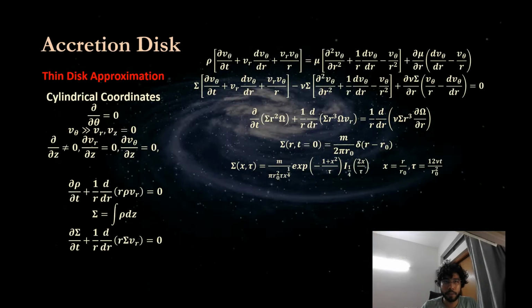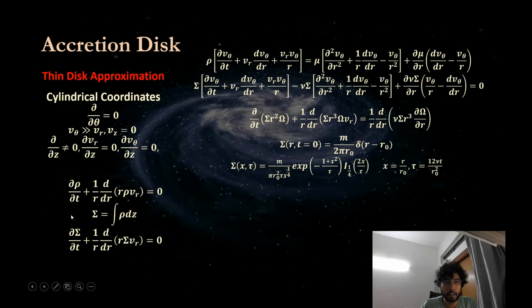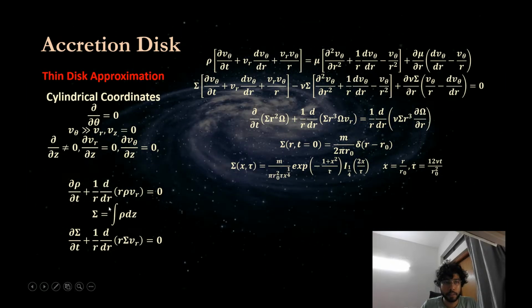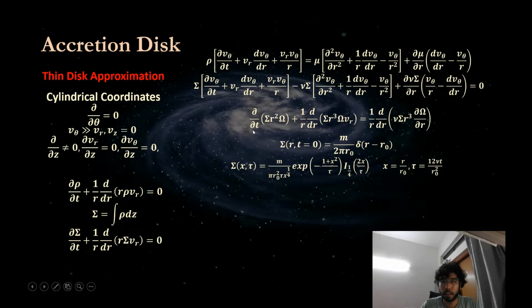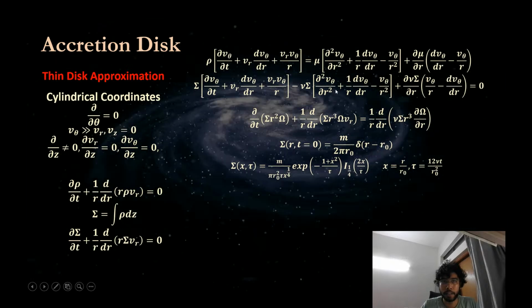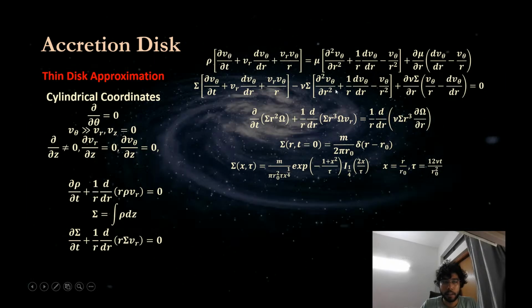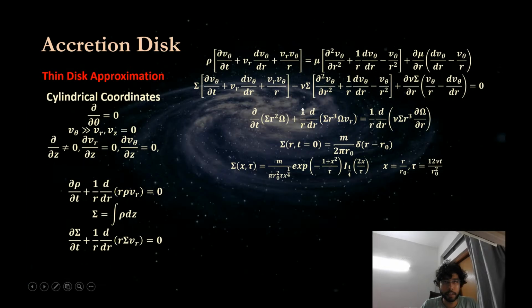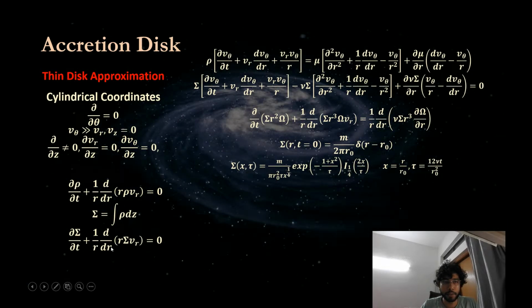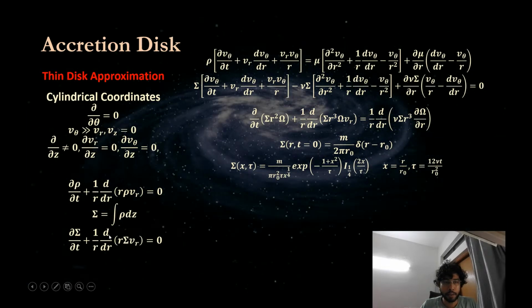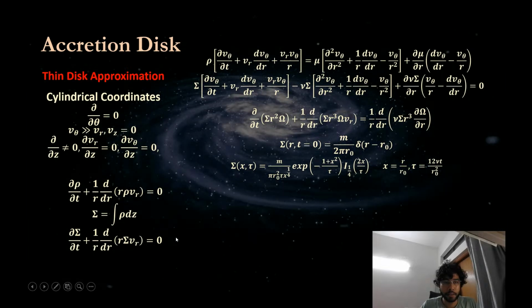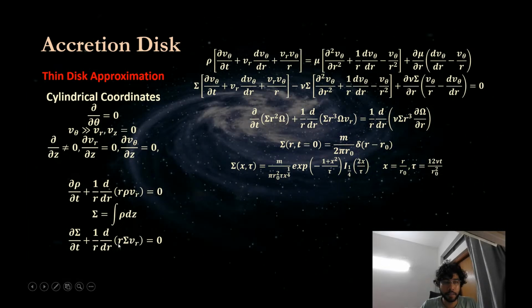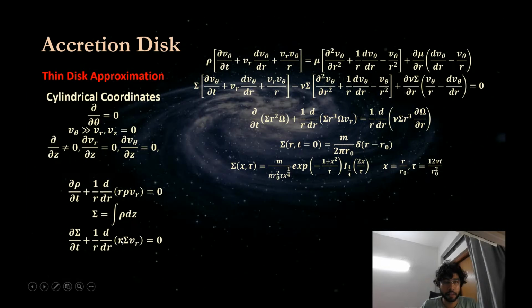Now we will take this equation, which is the continuity equation, and this equation, which we derived from the continuity and the momentum balance equation, and look at them in the steady state. As I said, in the steady state, del t is 0, so you're left with this term: del r of something is 0. If the derivative of some quantity is 0, that quantity is constant.